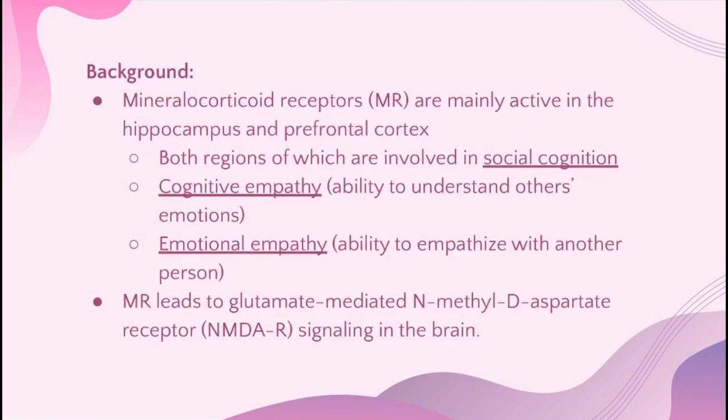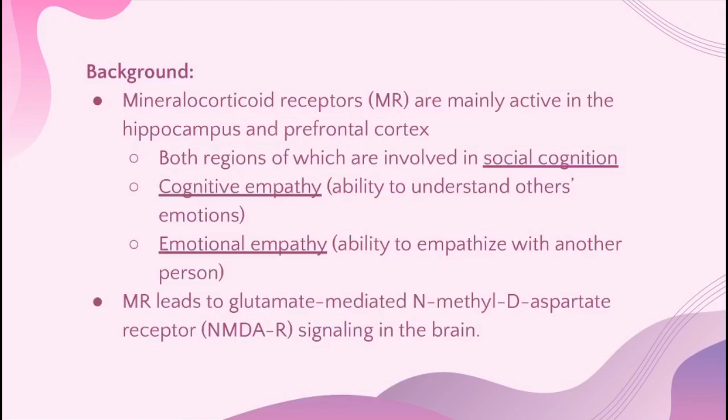The background for this research is that mineralocorticoid receptors, or MR, are mainly active in the hippocampus and prefrontal cortex areas of the brain. Both regions are involved in social cognition. Social cognition has two parts to it: cognitive empathy and emotional empathy.